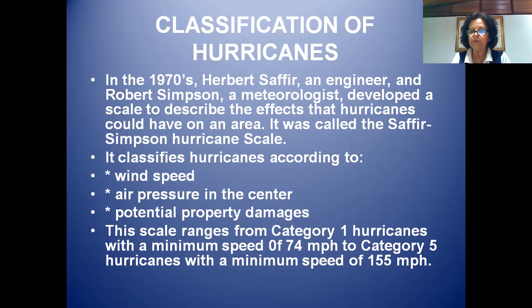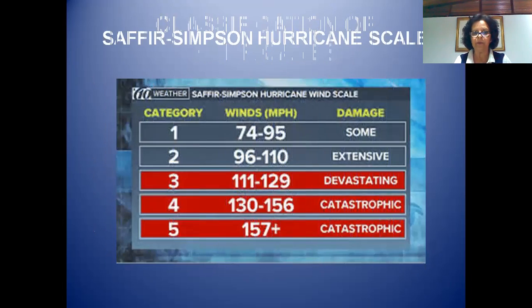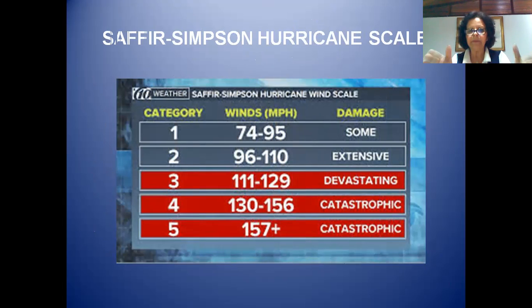This scale ranges from category 1 hurricanes, at a minimum speed of 74 miles per hour, to category 5 hurricanes, with a speed of over 155 miles per hour. Then we have, as we have probably seen, a very well organized scale. It has 5 categories: winds, velocity, and the damages that occur. Category 1 produces some damage. Category 2, extensive damage.